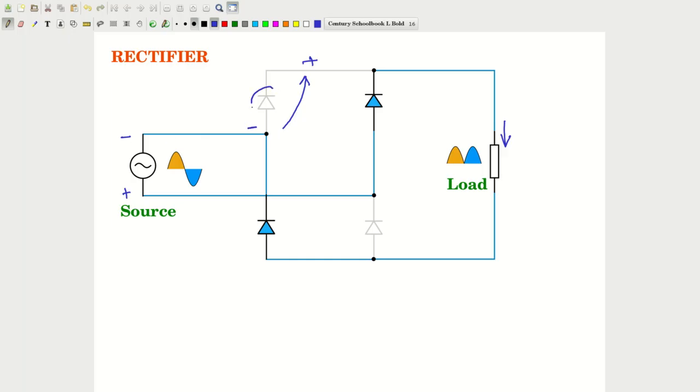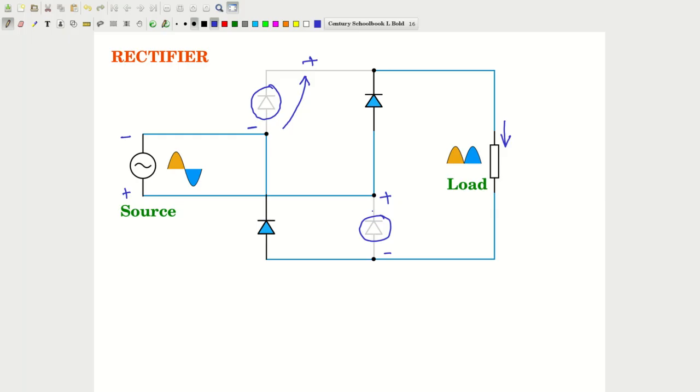So this diode sees a reverse biased voltage, therefore it is reverse biased and is off. Likewise, this point is at a positive potential compared to this point. Again, this diode sees a reverse voltage and it is reverse biased and in the off situation.